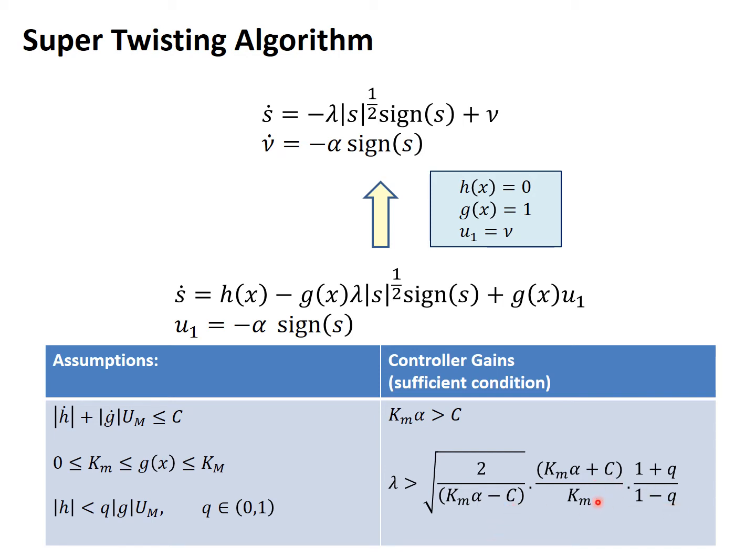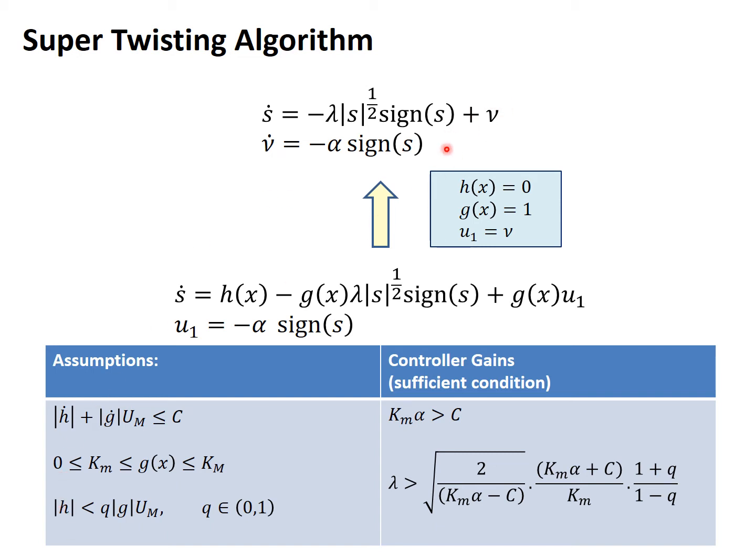C here is 0. So with this understanding, now you can simulate this particular dynamics by evaluating the controller gains or selecting the controller gains in this manner, okay.